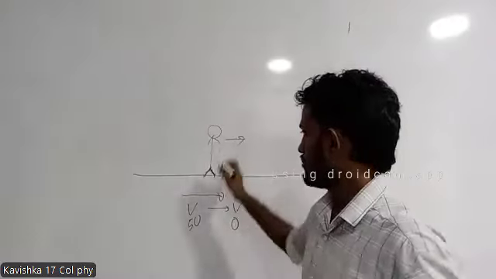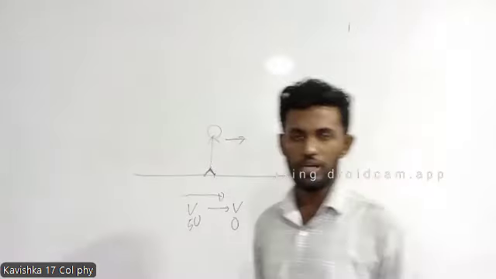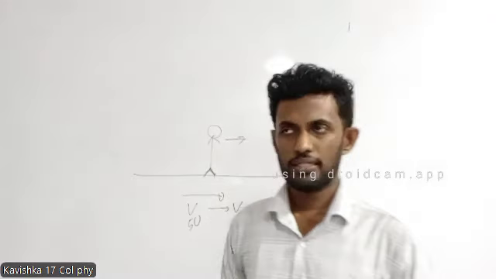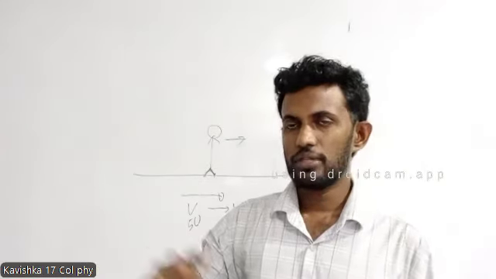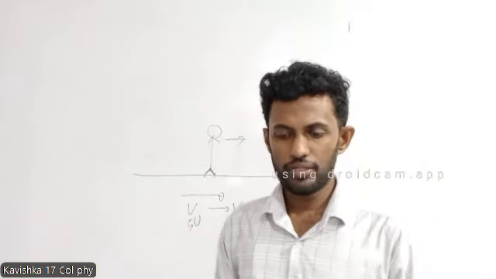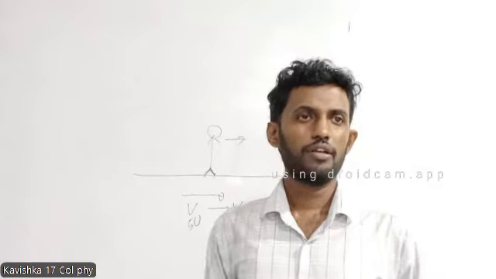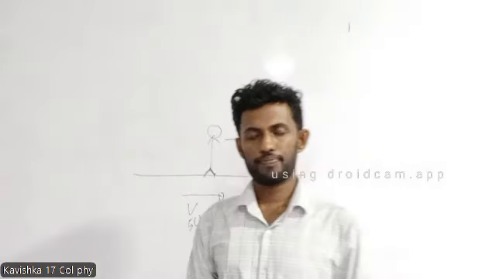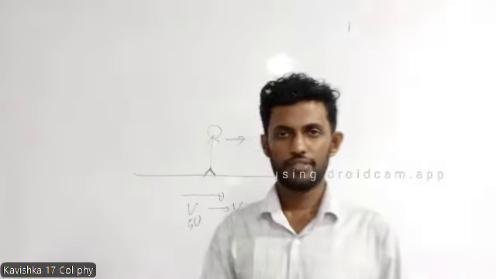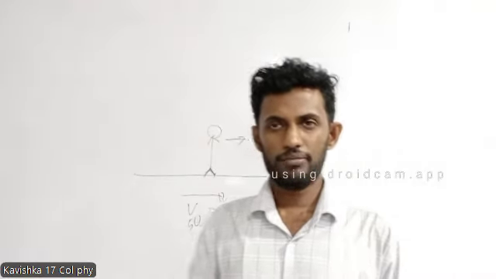Our body also, once you travel on a bus, is at the same velocity. The bus is at 50, your body is also at 50 m/s. Otherwise, you can't travel on a bus, right?